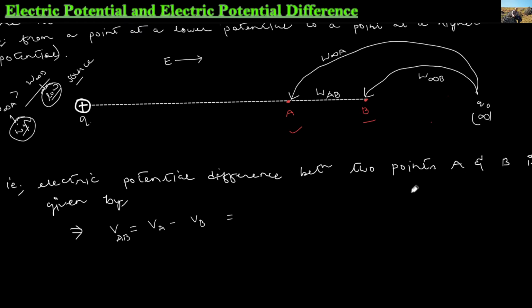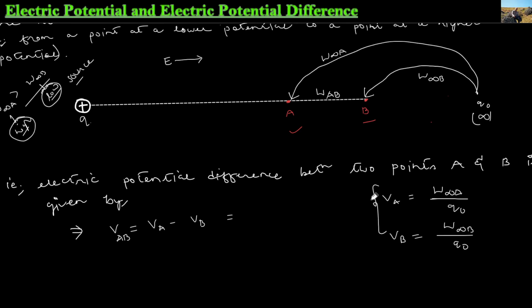We know that the potential at point A, VA, will be equal to W infinity A, the work done in moving the test charge from infinity up to point A, with respect to Q0. And VB will be W infinity B over Q0.